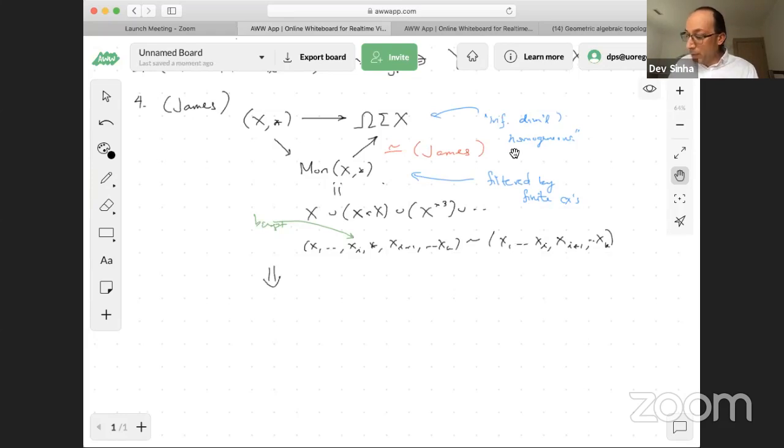In fact, the corollary is that the homology of loop sigma x, again by James's theorem, is the homology of this free monoid on X. And that's something that you can just calculate using the Künneth theorem, let's assume with field coefficients.